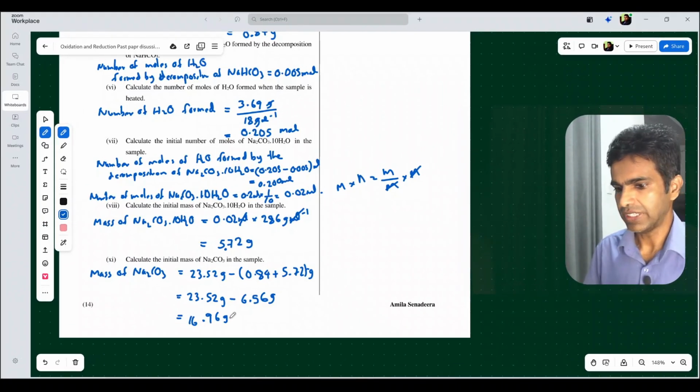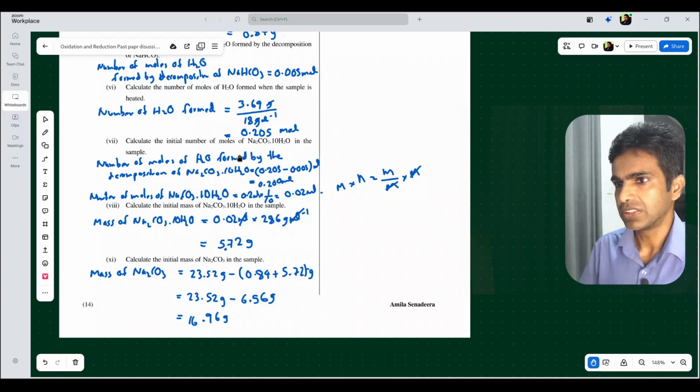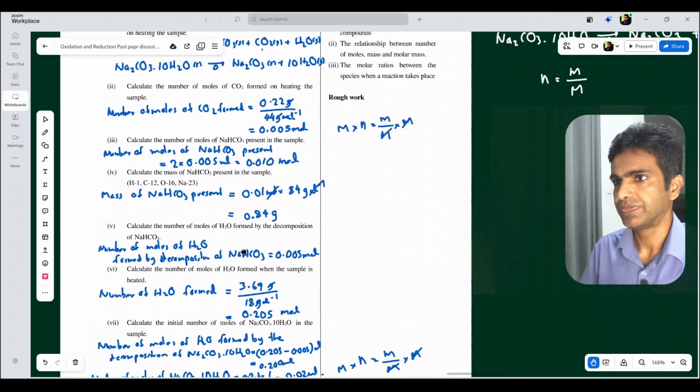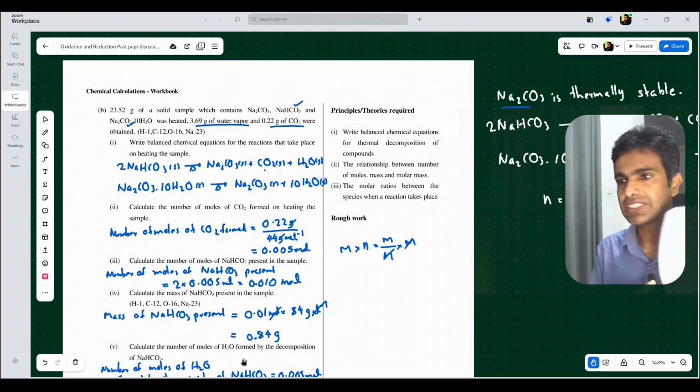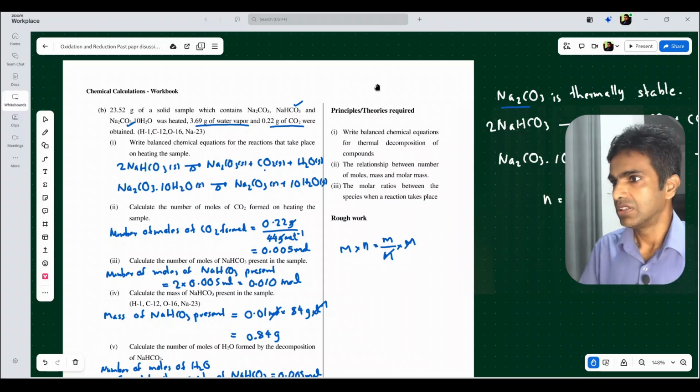So that's how you should write the answer to that question. The chemical calculation workbook is structured like this. First you need to write the principles and theories required before writing the answer to the question. If you can remember those principles and theories, then you can try to write the answer to the given question.